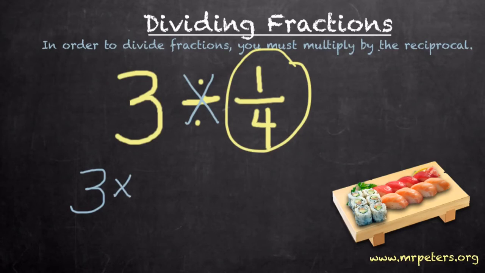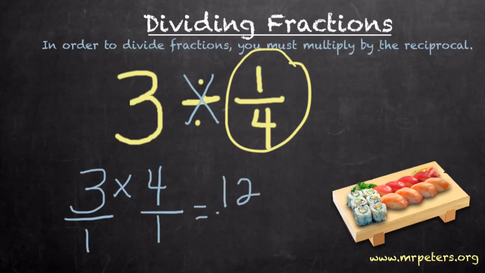I reverse the 1/4 into 4 over 1. Now remember, 3 is the same as 3 over 1. So now we just multiply across and we get 12 over 1, which you know is the same answer that we got before. So this is really what it is. Division is not any more difficult than multiplication when doing fractions.